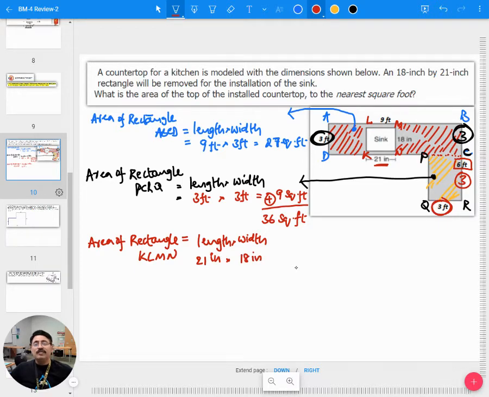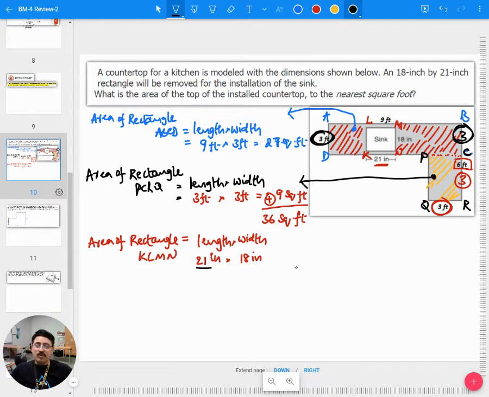But as I mentioned before, the units are in inches. In order to convert into feet, 1 foot equals 12 inches. So always remember this point: inches are smaller units than feet. If you are converting from smaller to larger units, you have to divide.